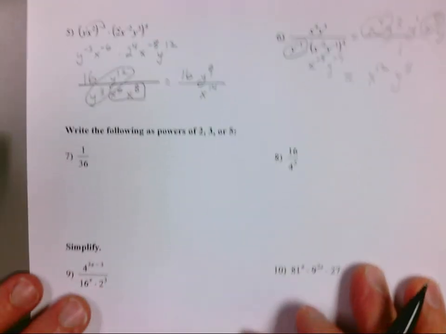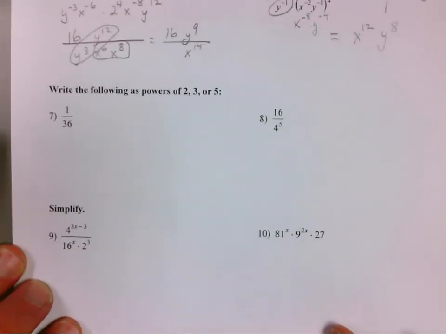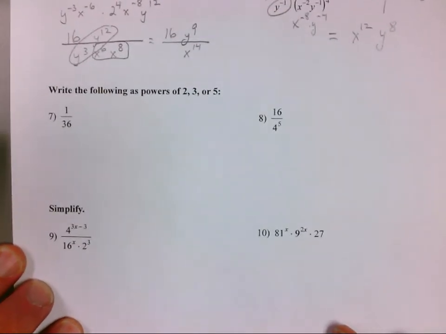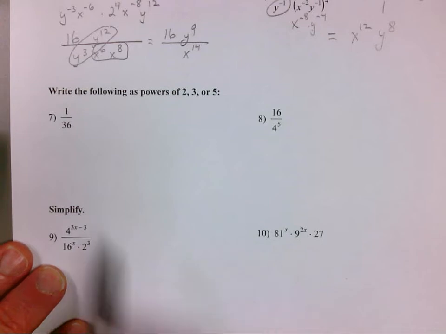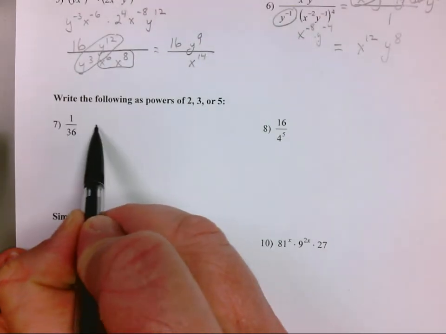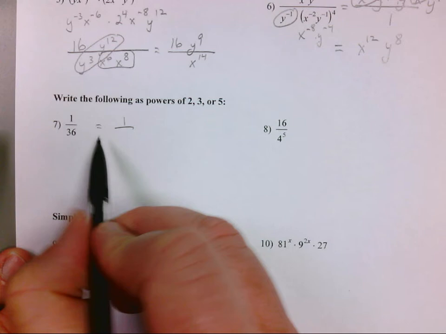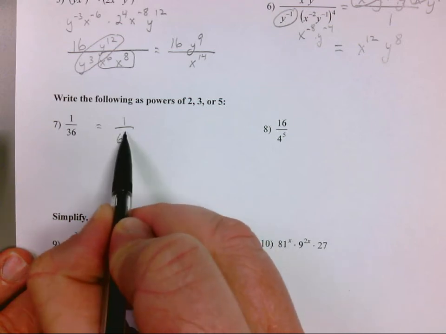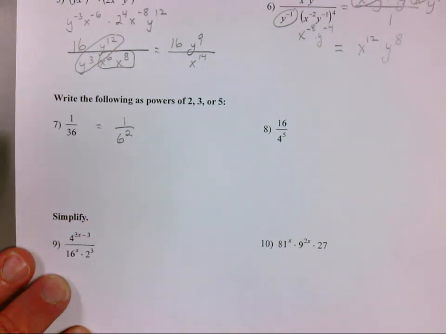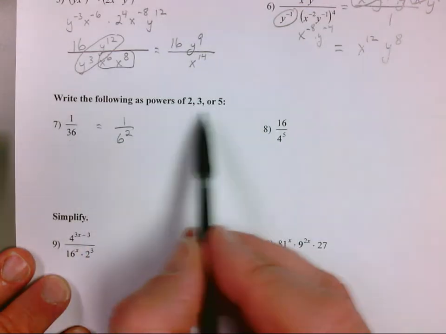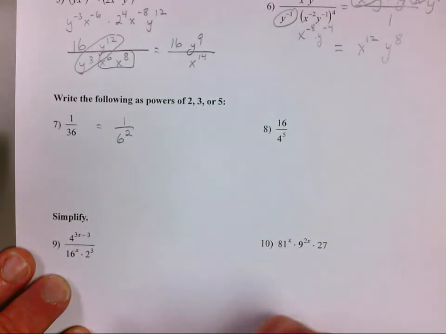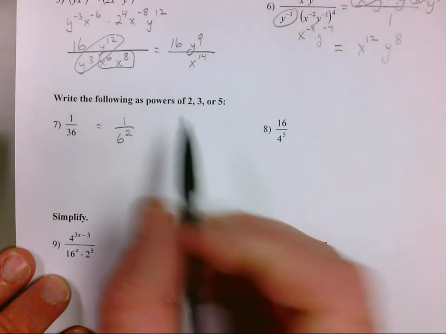Okay, again, go ahead and pause. These kind of connect to what we're doing right now with rational exponents, but you want to write as a power before you reduce anything. So I'm going to write this as 1 over 6 squared. Now I redid this problem from the original, so we're not going to be able to write this as a power of 2, 3, or 5. 4 and 9, but you can't.